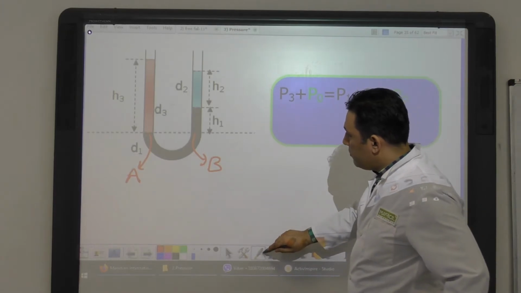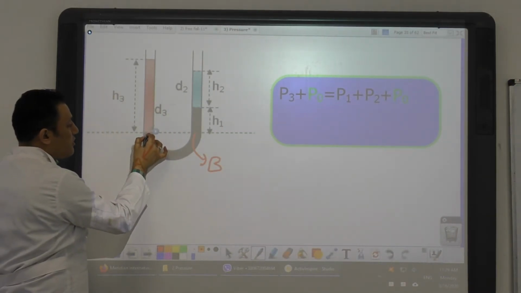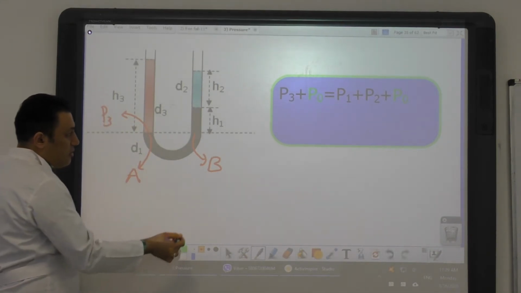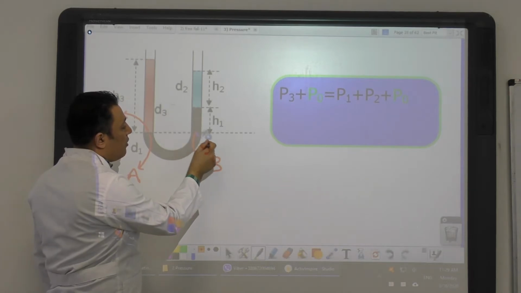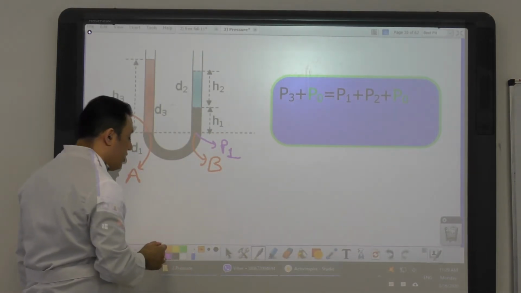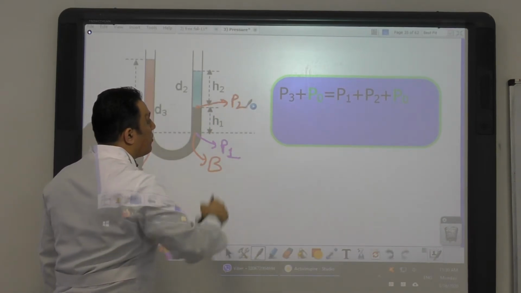I'm going to call the pressure caused by liquid 3 at this point P3. The pressure caused by liquid 1 is P1, and the pressure caused by liquid 2 is P2.